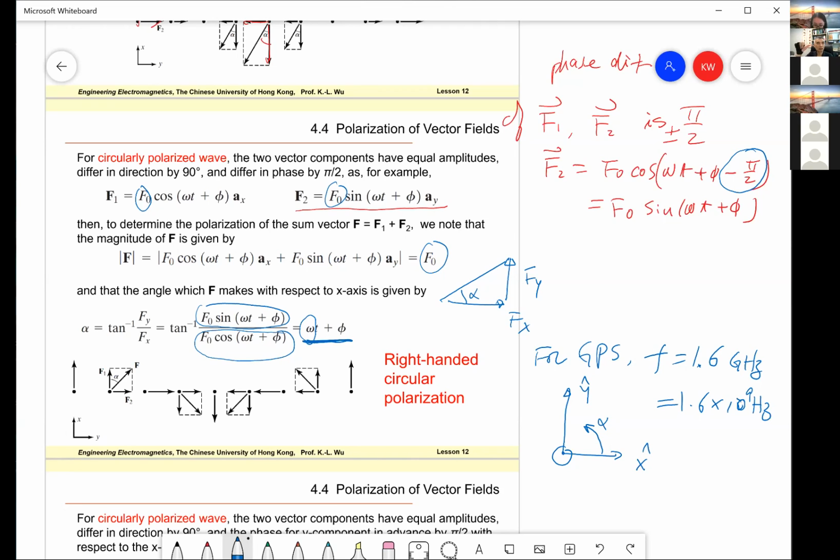In this case, we call it a right hand polarized wave. If the X component is cosine and the Y component is sine, that generates a right hand polarized wave. We can also create a left hand polarized wave.